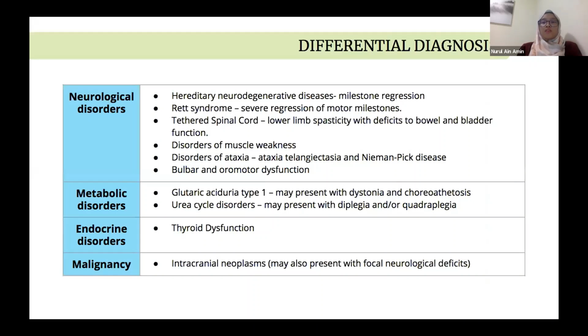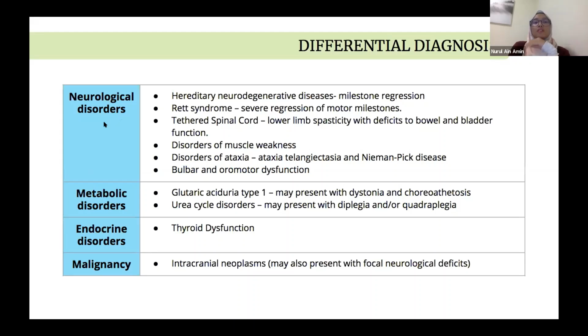Okay. Now I'll be talking about the differential diagnosis. Why is differential diagnosis important? Because CP is also a diagnosis of exclusion. So you can't directly diagnose CP, so you must exclude other diseases. So it should be differentiated from the progressive hereditary neurologic disorders and also disorders requiring any surgical or even neurologic treatment.